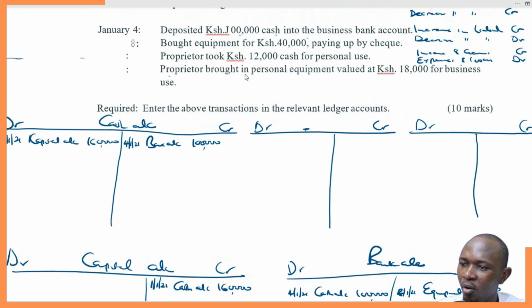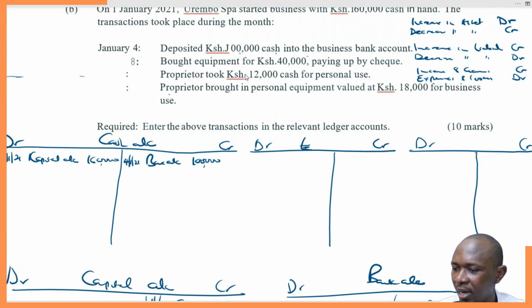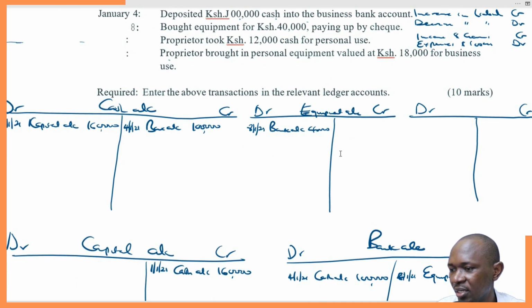And then we open the equipment account. Since equipment is an asset, we show it on the debit side. 8/1/21. The reason for it increasing is the bank account, which lost 40,000. So you can see this on the debit, and bank is on the credit. The asset has increased with debit, and the bank has decreased with credit. That's how we go about it.